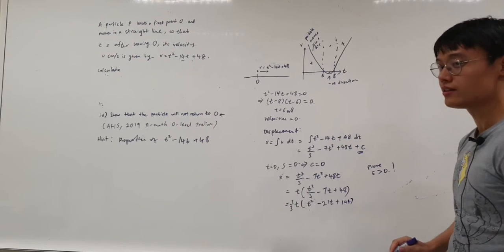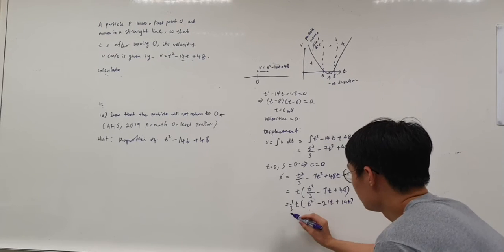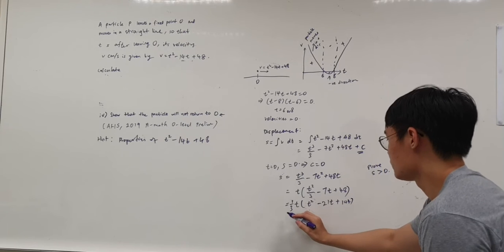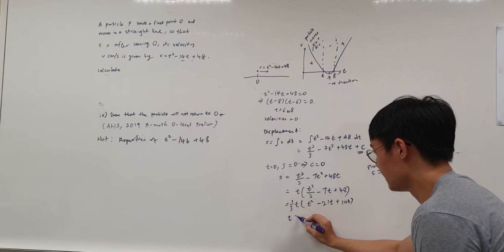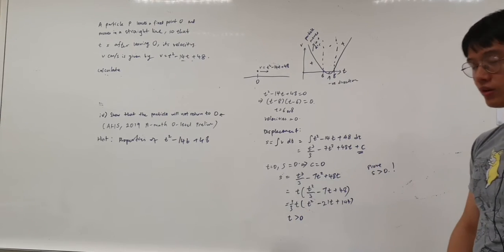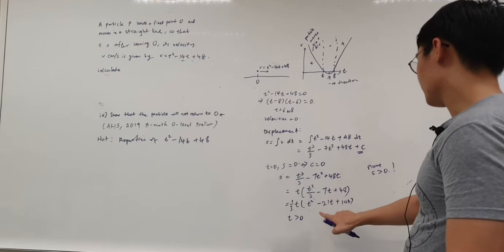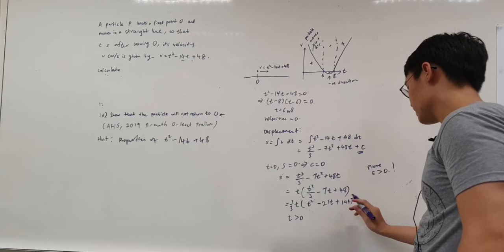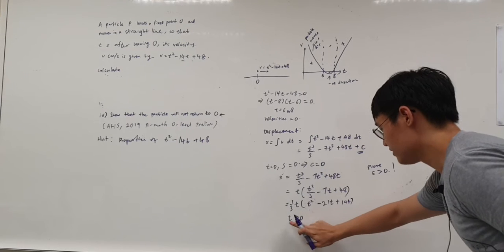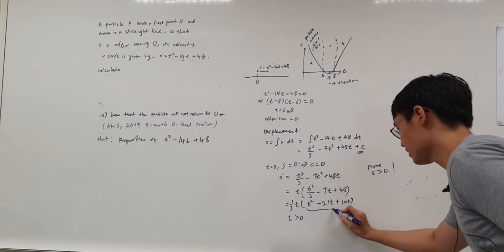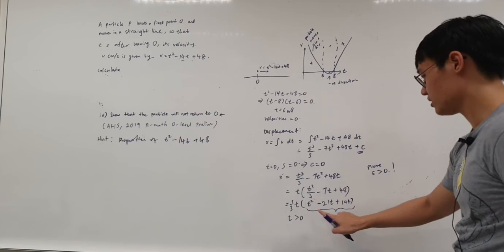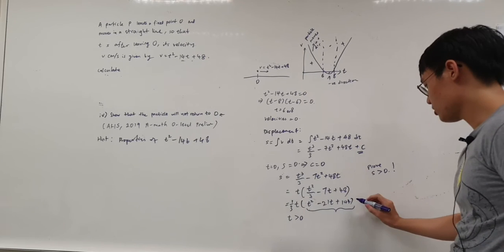But how do we do that? One thing we know is that t must be larger than 0. So we just need to prove this is larger than 0. If t is larger than 0, let's try to find if this is ever negative, because we want to prove that this whole thing is larger than 0.